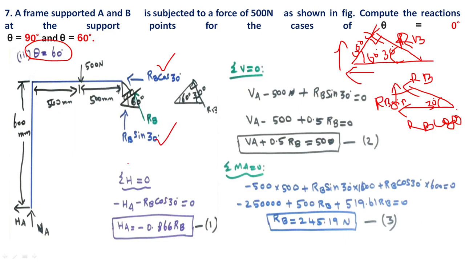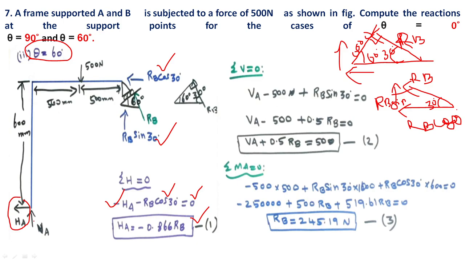Sum of horizontal forces, only two forces. HA is backward so it is minus, and RB cos 30 is also a backward force, negative. HA minus RB cos 30 is equal to 0. HA is equal to minus 0.866 RB.